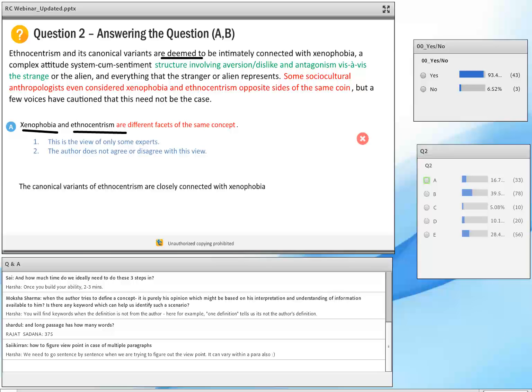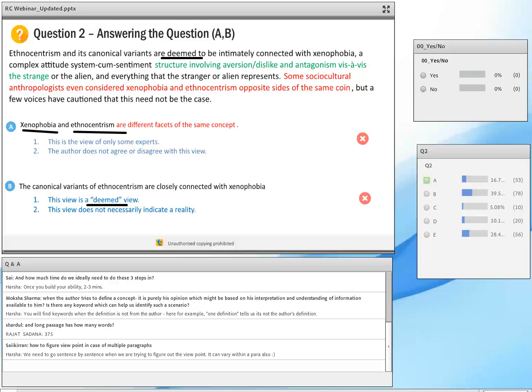Choice B says the canonical variants of EC are closely related with xenophobia. Again, along the lines of this, this is not what the author believes in. The author presents information, but the author doesn't believe in it. It's a deemed view, a considered view, and this view is not what the author believes in. 78 of you chose this.